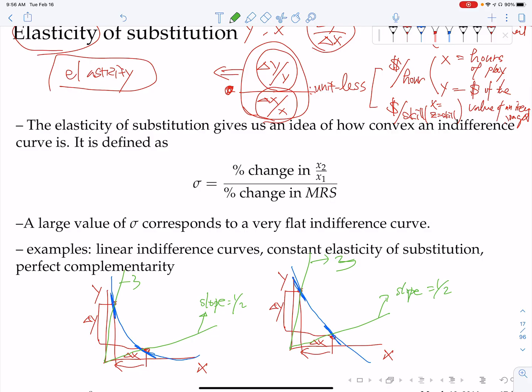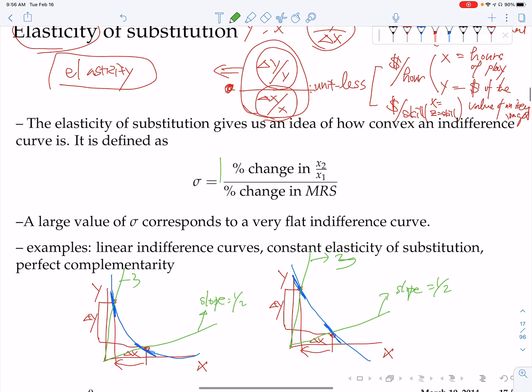But of course, the elasticity of substitution is defined as the percent change in the ratio of x2 and x1 over the percent change of the MRS. So that's like the inverse of what I have done, right?